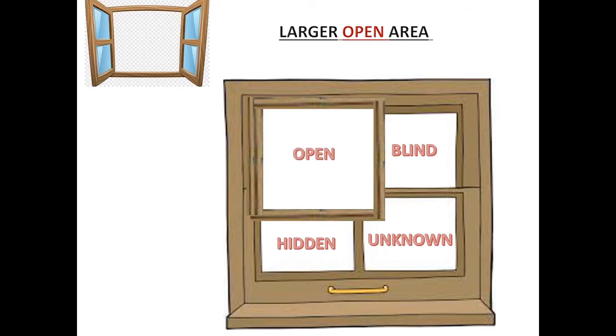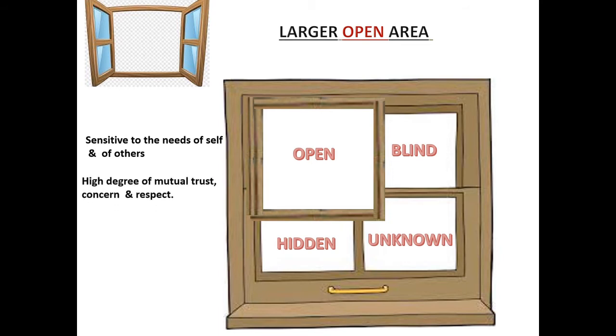If the window pane, particularly the open area, is broad and wide, then how will you describe a person? First, the person is said to be sensitive to the needs of self and of others. Second, that person will have a high degree of mutual trust, concern, and respect.